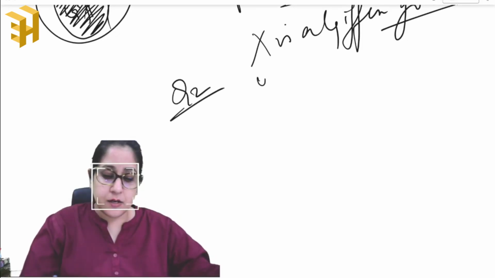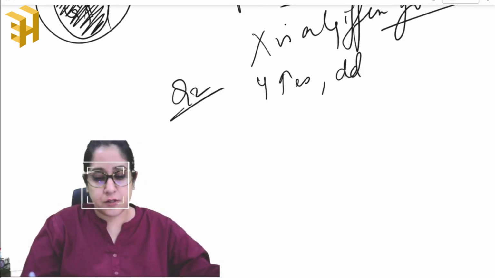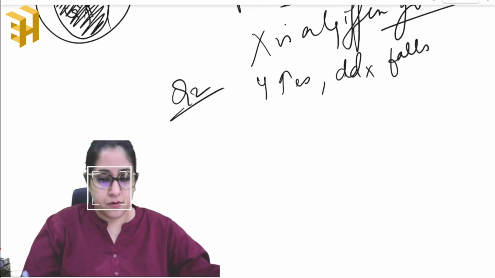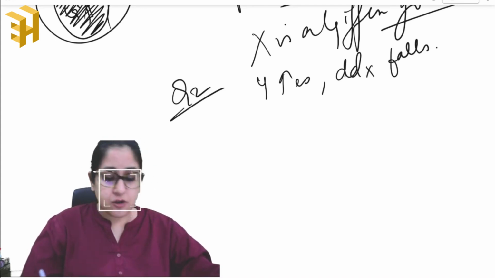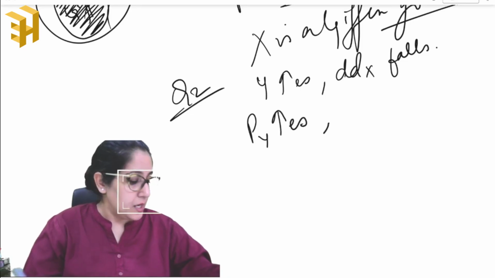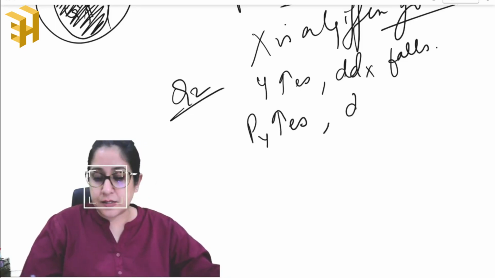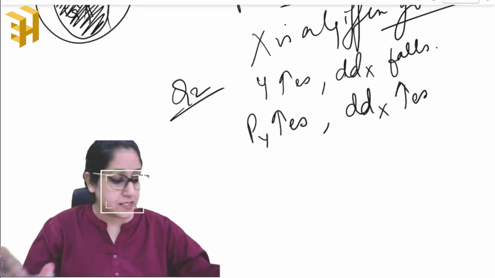So when income rises, demand for good X falls. Okay. At the same time, when the price of good Y increases, the demand for good X increases. Now what is X?